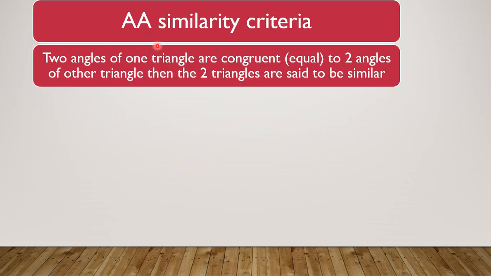Then the next criterion is known as AA similarity. It says if two angles of one triangle are congruent, or we can say equal, to two angles of another triangle, then the two triangles are known as similar triangles.